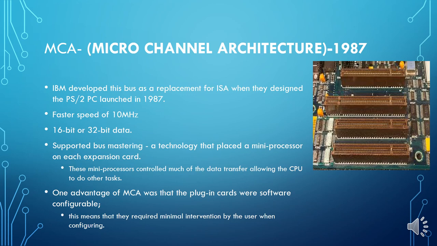One advantage of MCA was that the plug-in cards were software configurable. This means that they required minimal intervention by the user for configuring. The primary downfall of the MCA bus was that it was a proprietary bus and required licensing. IBM launched it, so other components were not compatible with MCA.